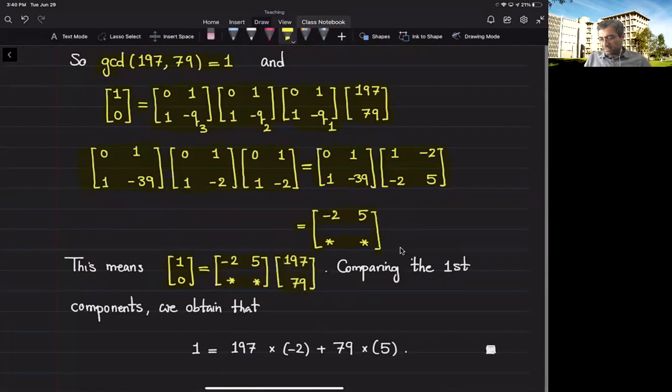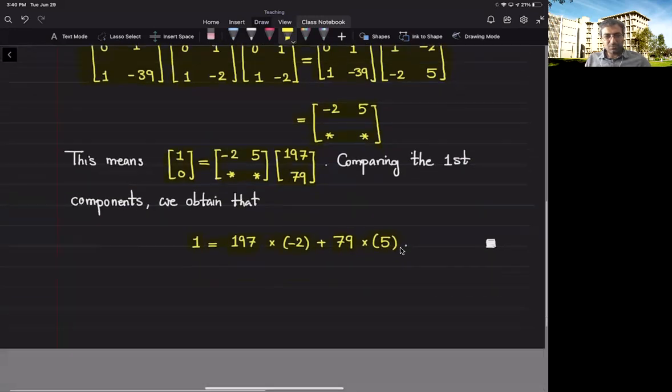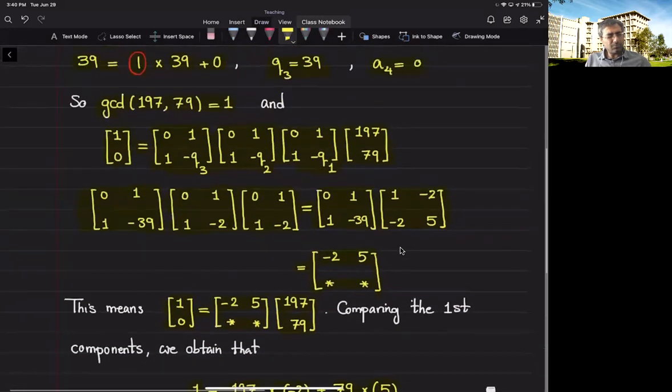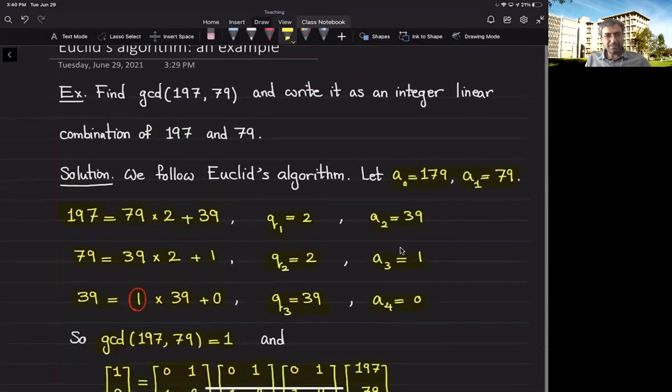That means the first component, which is 1, is 197 times negative 2 plus 79 times 5. So that's one way of writing this GCD as an integer linear combination of the numbers 197 and 79. That answers this example.